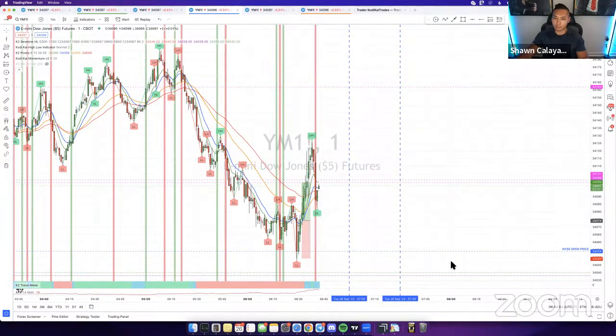So if we get another green candle right here, guys, again, like I mentioned, this is going to technically be the momentum counter scalp. And make a couple adjustments over here. All right.